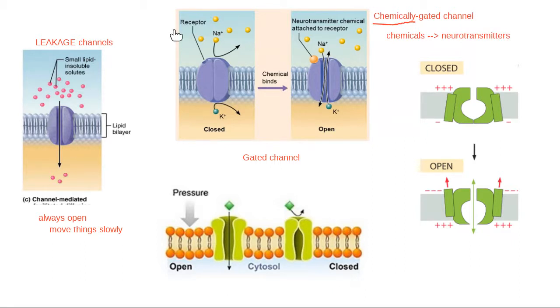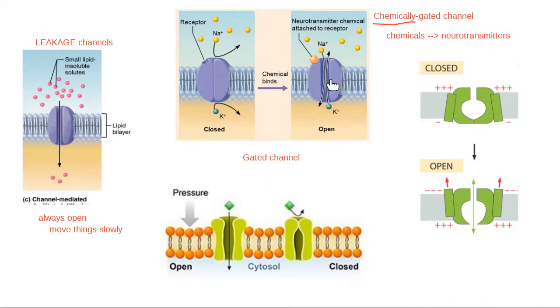In this picture, we're seeing a neurotransmitter, but we could use some other chemical to open it. It could be an ion. Maybe it's a bunch of calcium that opens up this channel, or maybe it's glucose or a protein. Whatever it may be, there's a receptor or there's a spot for that chemical key. When that key comes in and opens up this chemically gated channel, now I've got a space for stuff to rush in or out.